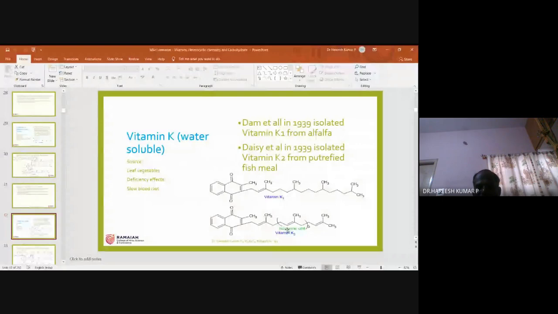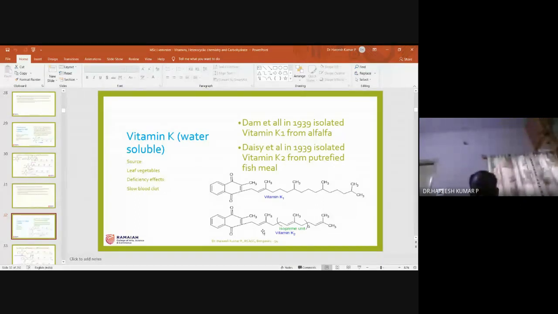So what is the difference between vitamin K1 and vitamin K2? Only in the side chain. So here you can observe a 20 carbon atom side chain. But here, you can observe more particularly the isoprene units. Nearly 5 isoprene units are there, which means approximately 29 carbon atoms.